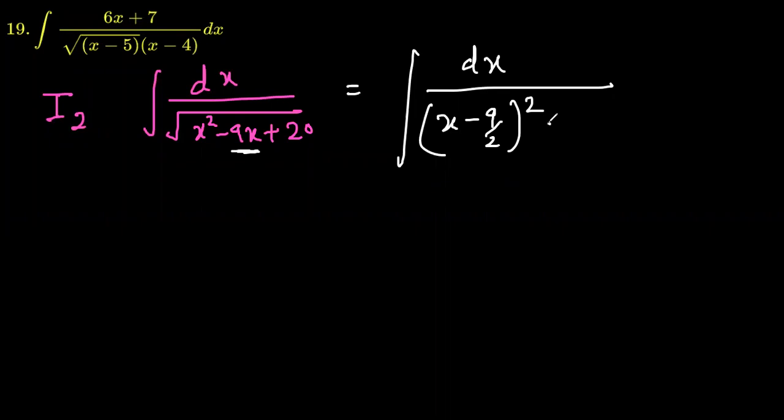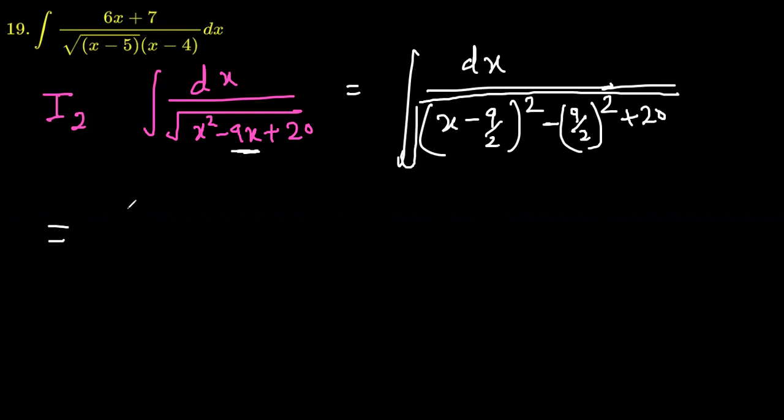So we are going to subtract 9 by 2 squared also, and plus 20, and this is all over the square root. Which would be dx by, now this thing is x minus 9 by 2 squared.